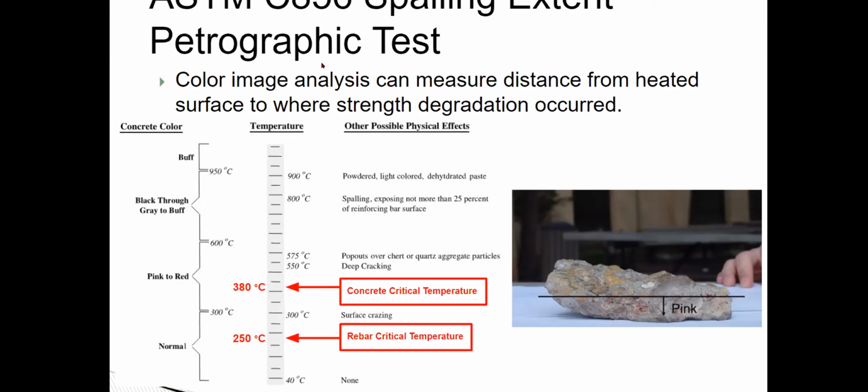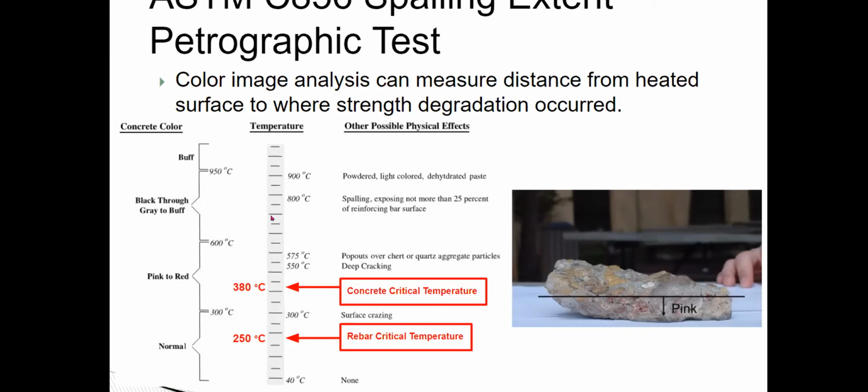This is one thing you may use. This petrographic test is just an observation test, and one of the analyses you can use is a color image test.